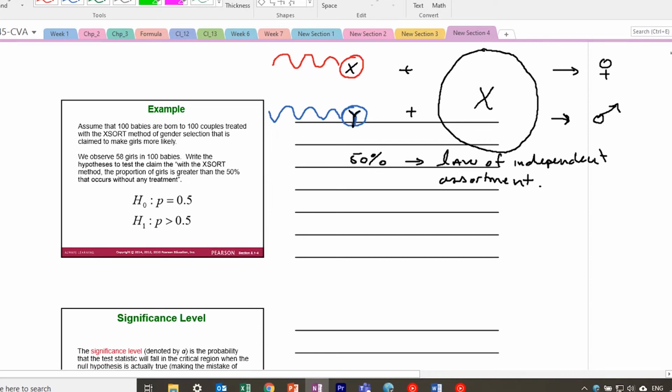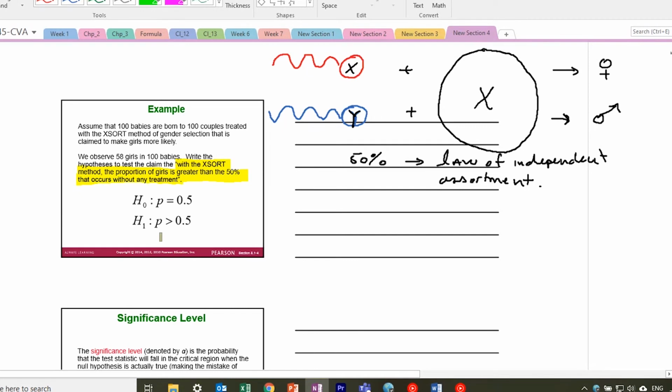But let's say you're tired of having only boys. So you go in for fertility treatment, and you see that this company advertises that they have a technology, and this is what they say on the website. They say with the XSort method, the proportion of girls is greater than 50%.